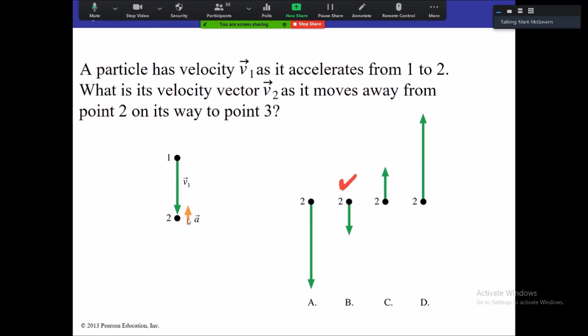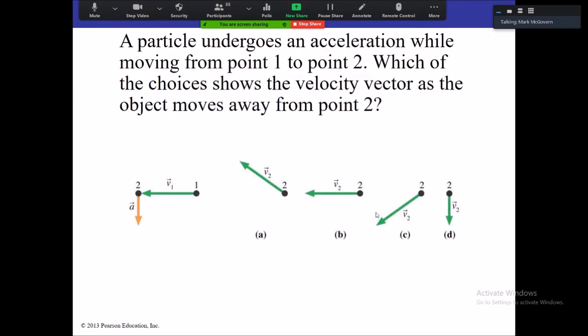I mean, it's possible the acceleration vector was extreme. It was like an enormous acceleration, and that actually might cause the particle to not just slow down, but to change direction. So one could argue that C and D could be correct. Although you definitely don't want to choose those over B. B seems to be what is intended here.